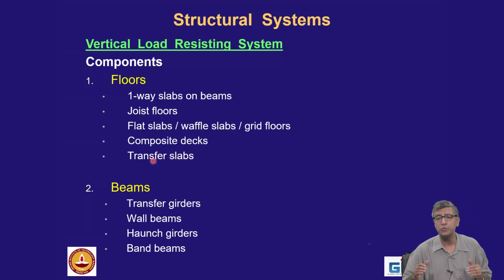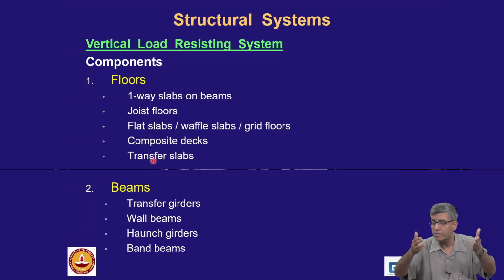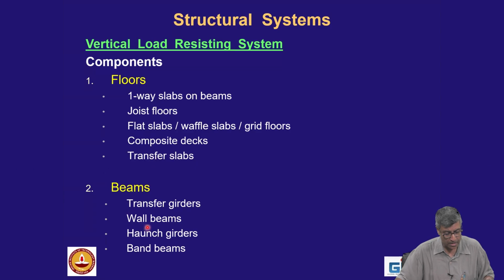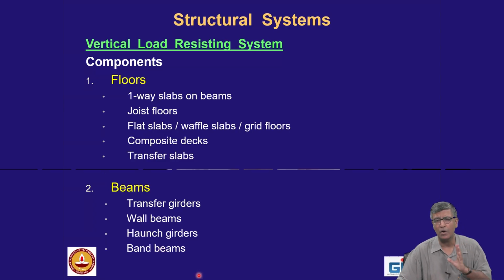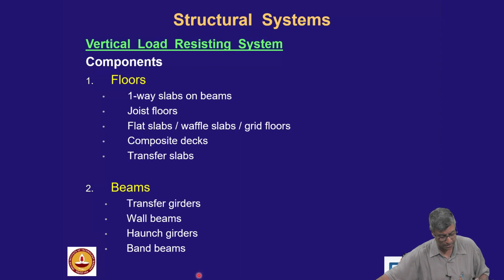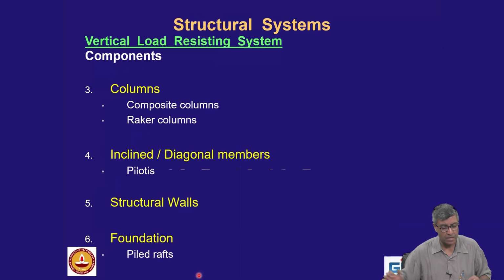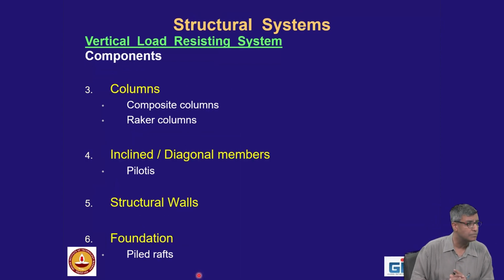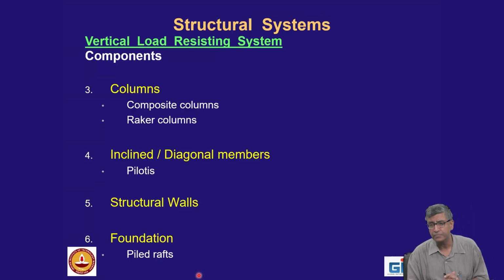Transfer slabs are the equivalent of transfer girders in 2 dimensions. That means they're supporting floating columns. Beams, transfer girders, wall type beams, haunch girders, band beams. I'm not going to describe all of them. If you're interested, you can look into these terms. Columns, composite columns. Now, this is also a generic term.